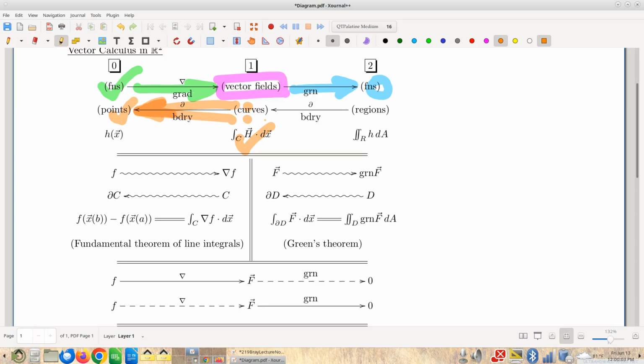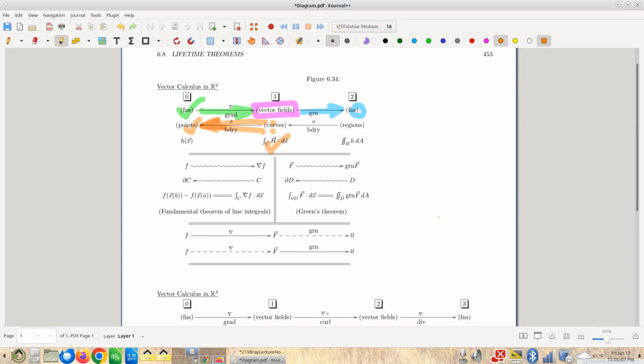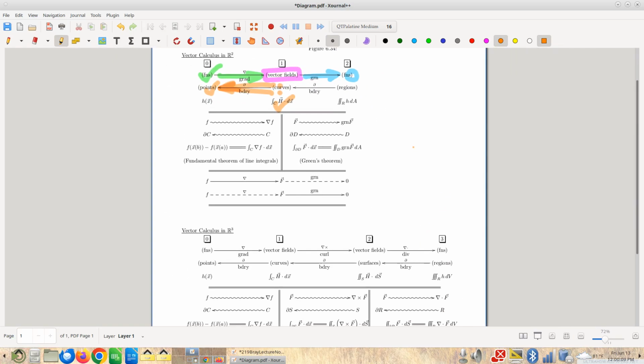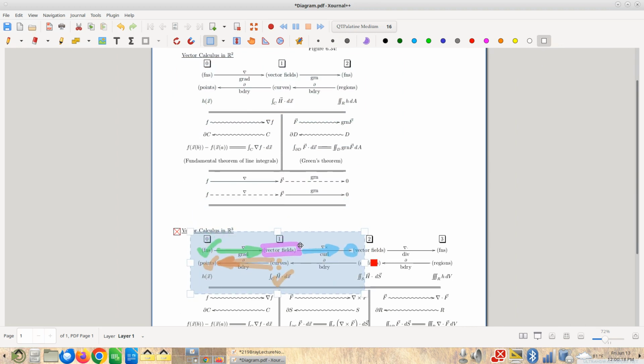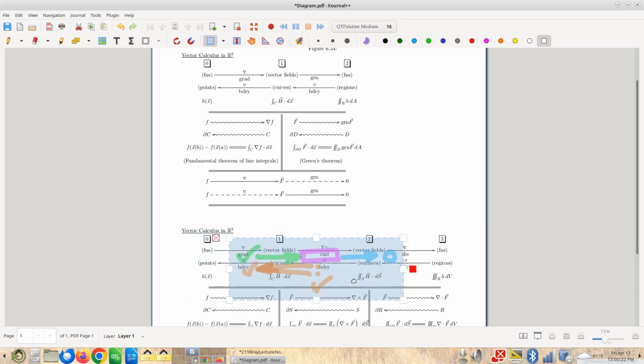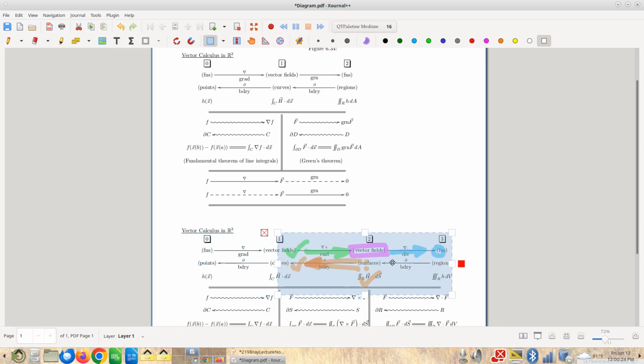So here's a really surprising fact, and we're not going to be able to flesh this out today, but I just want y'all to be on the lookout for it. This pattern, not only does it work also in 3 dimensions, this is where it gets really weird, it also works one notch over in the diagram.